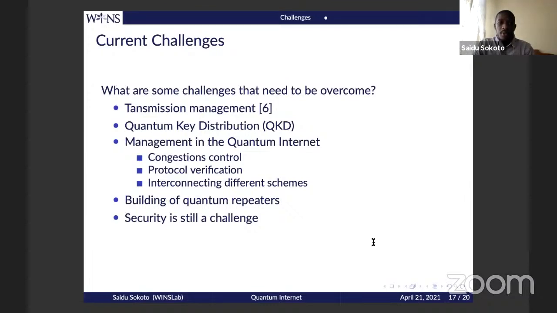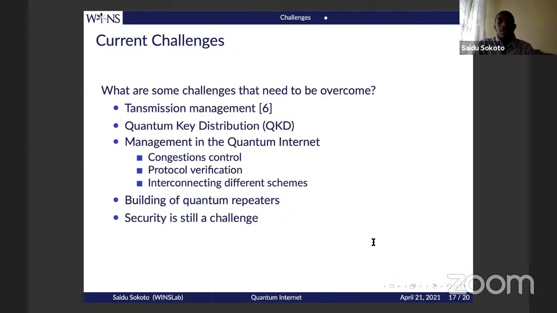We already have everything in place in terms of the physical solutions needed, but we do not have robust protocols in place to manage the transmission of quantum states. Quantum key distribution, so far it seems like the most profitable, most feasible application of the quantum internet.